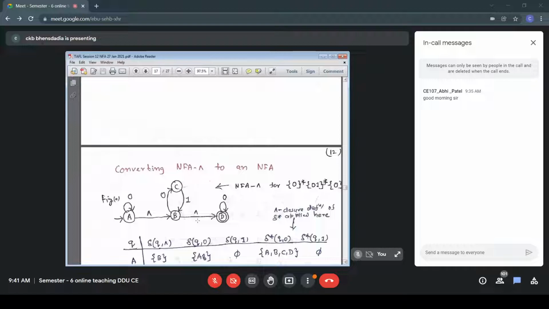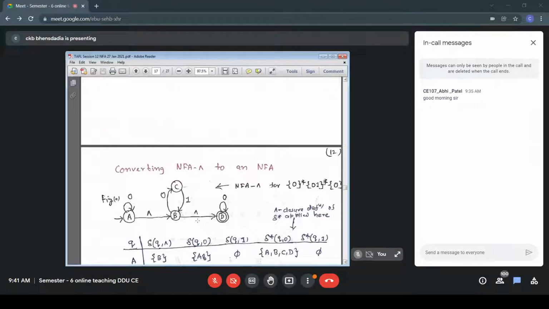0 is consumed in the state A. Now I don't have any symbol, so only null transitions are to B and from B to D. So answer is A, B, D to begin with. Alternatively, we don't consume 0 yet. We reach state B, A null to B. 0 is not consumed. And then we consume 0 and go to C. So delta star A0 will also include C. It is delta star A0, so 0 must be consumed.